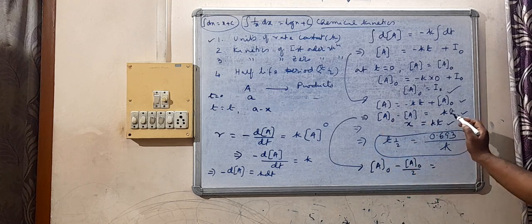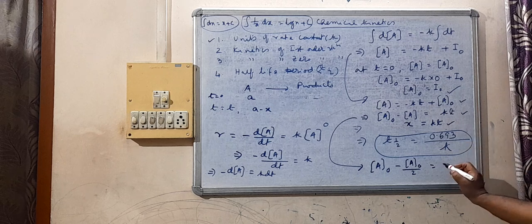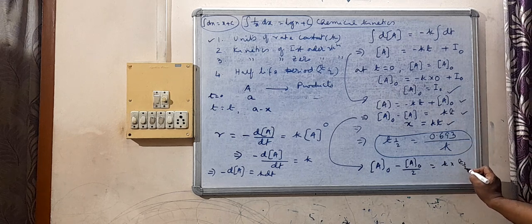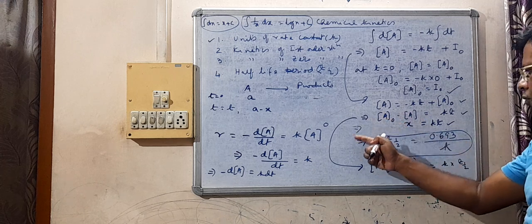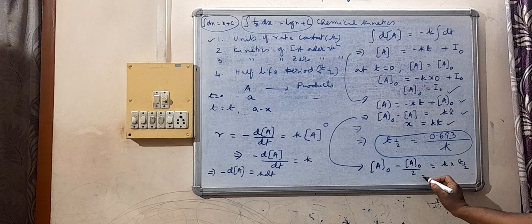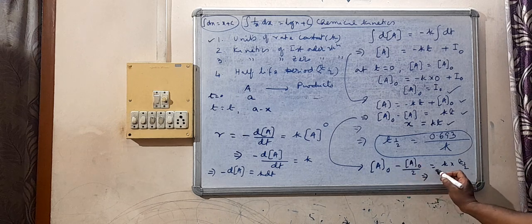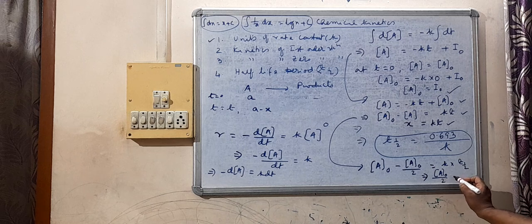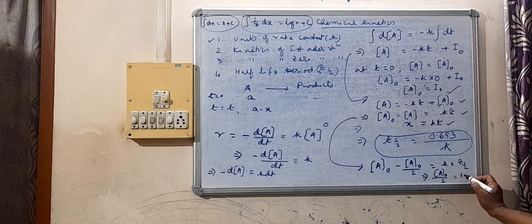So it is equal to K into T half. On simplifying, this becomes A naught by 2 is equal to K into T half.